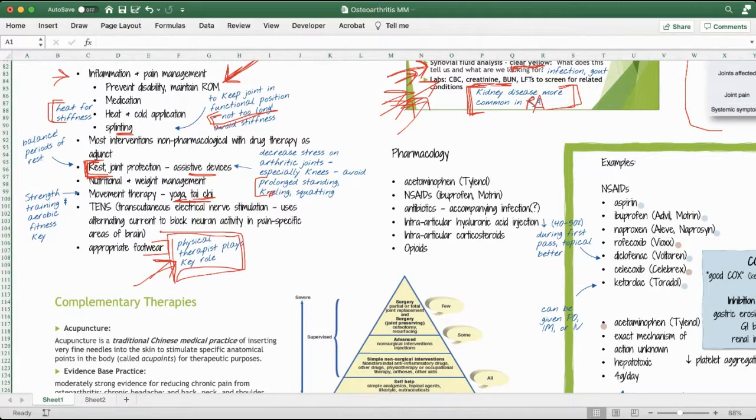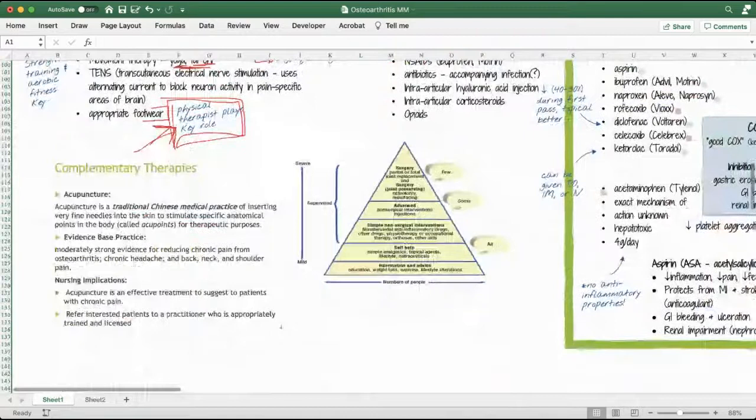There are some things that we can do. Your slides really highlighted acupuncture, so I threw this in here because I do think there was a whole slide on it. This is something you might want to know a little bit about, knowing that it is used for treatment of OA, and that it can be an effective treatment.